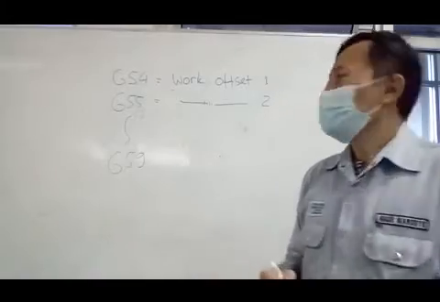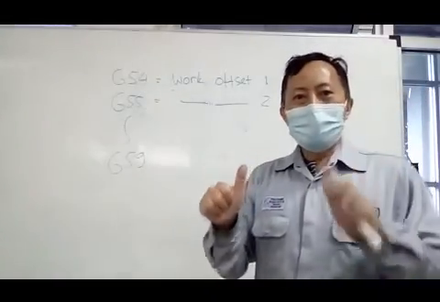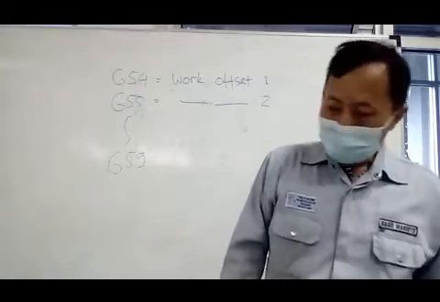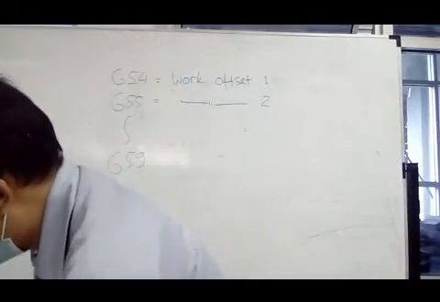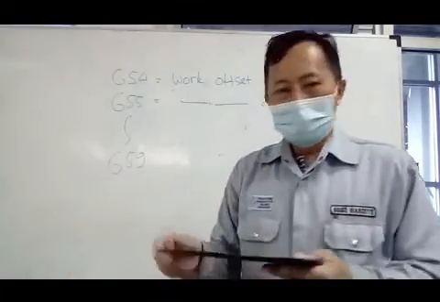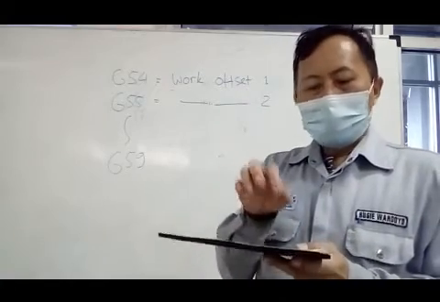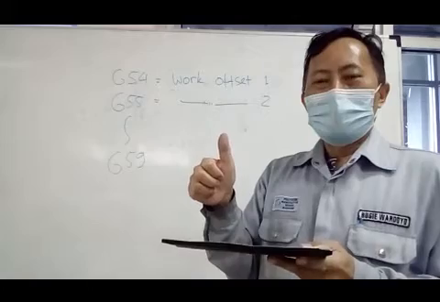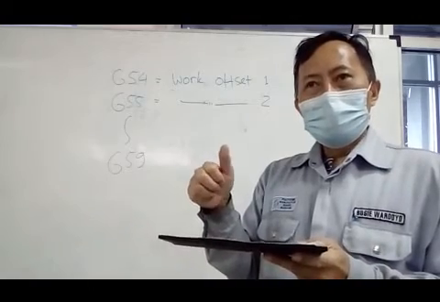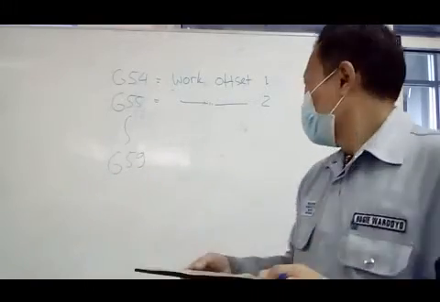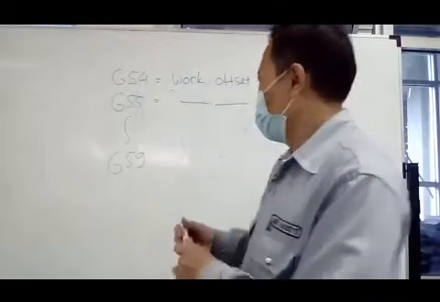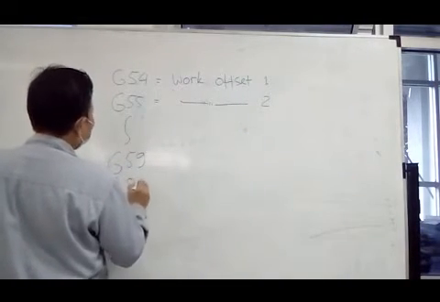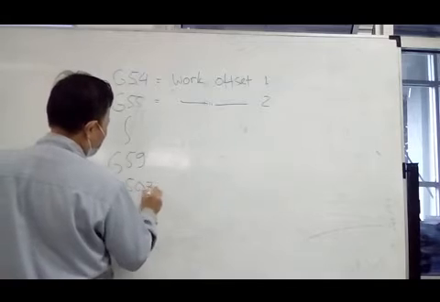until G59. So we have six offsets. So the machine can process 6 workpieces. How about if we want more than 6? So we can use G54.1 P1 and so on.